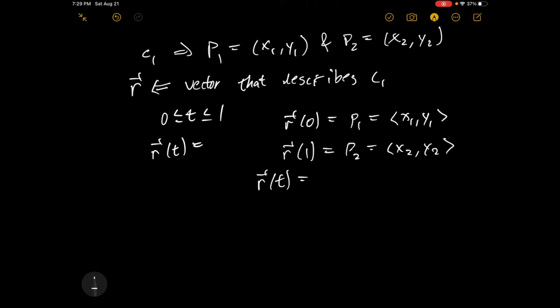And r of t is just a line, so therefore it's just r of 0 plus t times r prime of t. And luckily r prime of t is very simple because it's just the change in r divided by the change in time, because the derivative is a constant since r is a straight line.